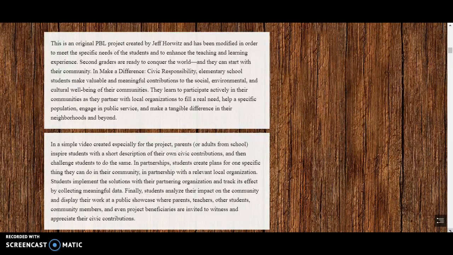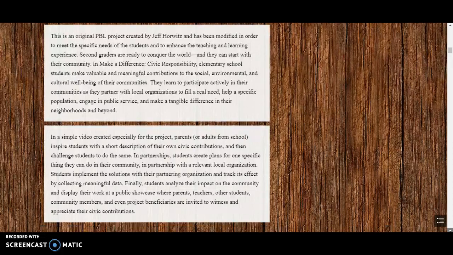Students implement the solutions with their partner organization and track its effect by collecting meaningful data. Finally, students analyze their impact on the community and display their work at a public showcase where parents, teachers, other students, community members, and even project beneficiaries are invited to witness and appreciate the civic contributions.